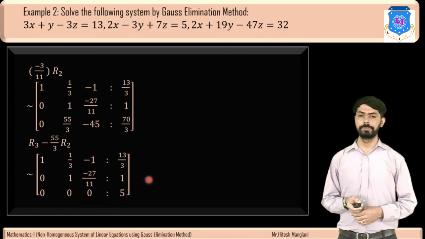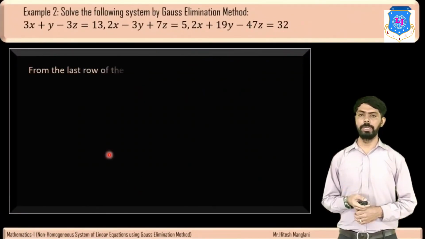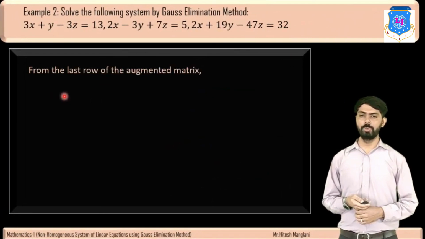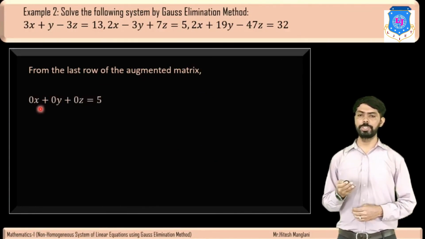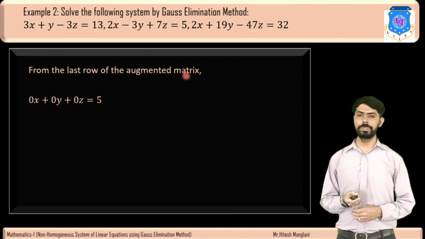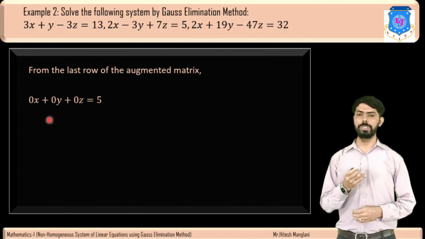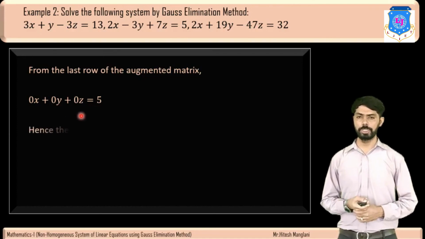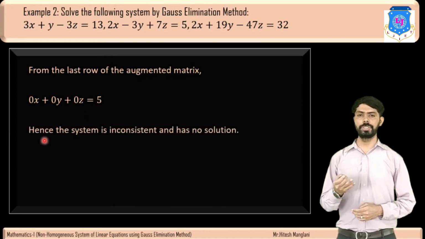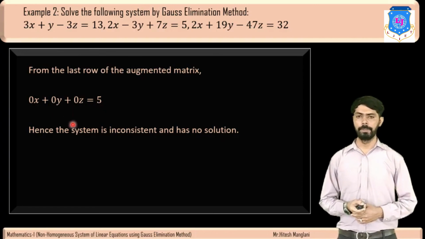Now from the last row of the augmented matrix, the equation is 0x plus 0y plus 0z is equal to 5. So that means 0 is equal to 5, which is not possible. Therefore, we can say that this system has no solution. Hence the system is inconsistent. Its meaning is that the system has no solution, because 0 is equal to 5 is not possible.